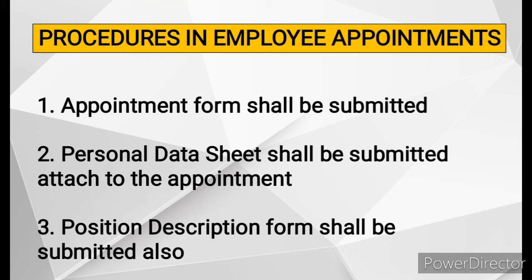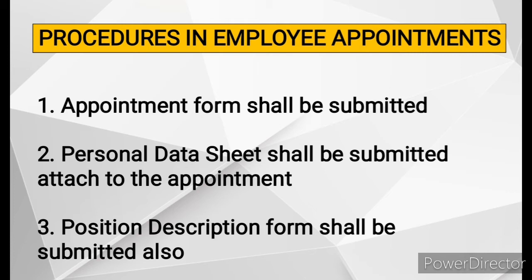First, 3 copies of the appointment form, or the CS Form number 33, revised 2018, should be filled up and shall be used for career and non-career appointments. That's according to Section 7A of ORAOHRA Rule 3.